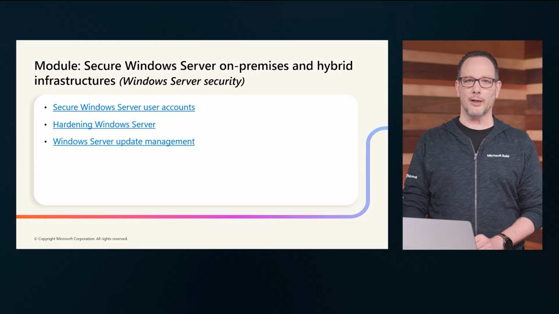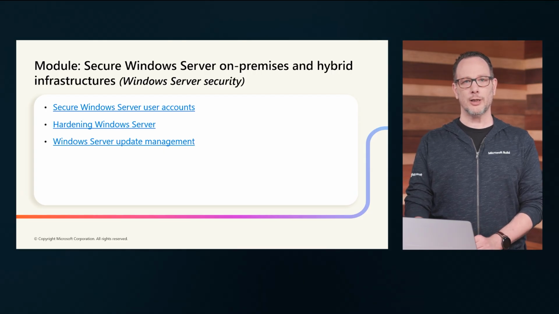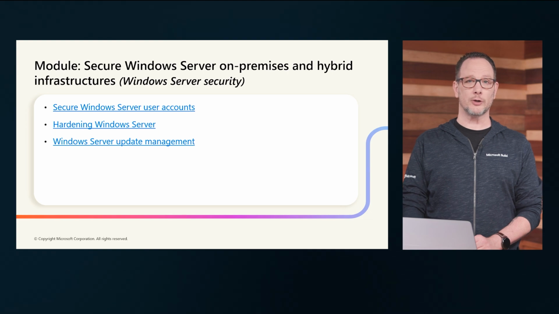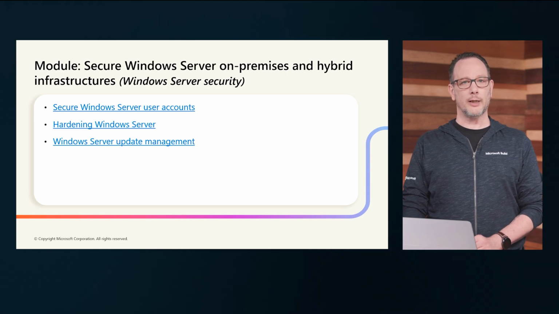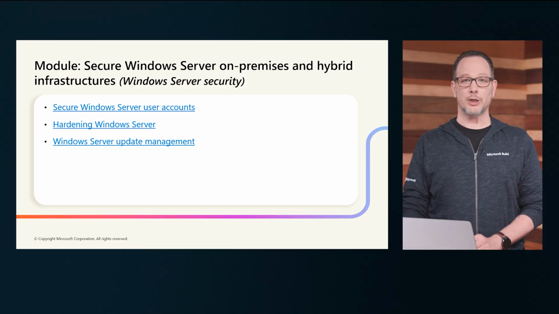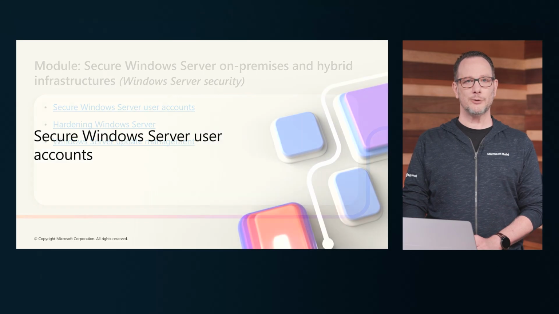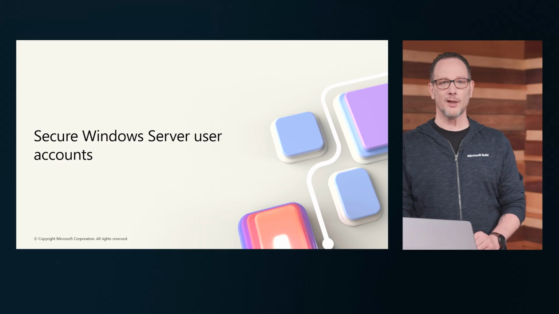This module has three different sections. The first one, I assume pretty obvious, talks about how to secure Windows Server user accounts, followed by hardening, really securing and protecting the Windows Server environment itself, and then last touching a little bit on Windows Server update management. So with that, let's get started.